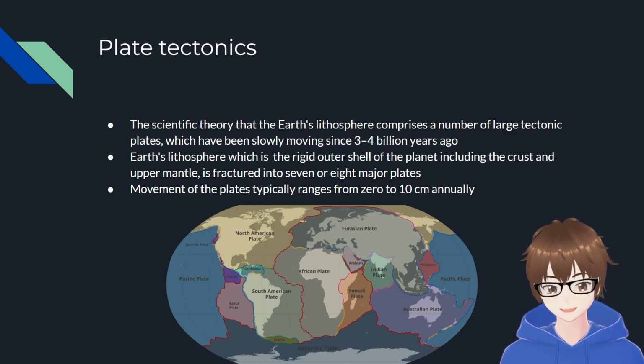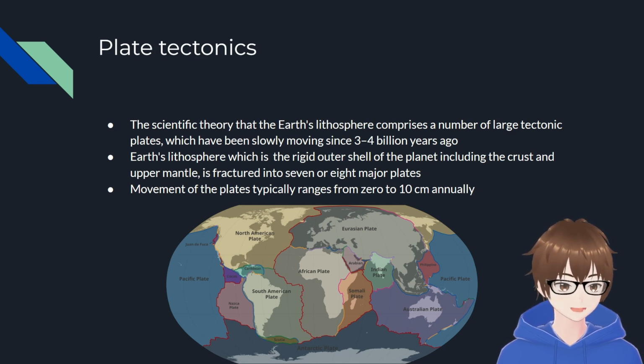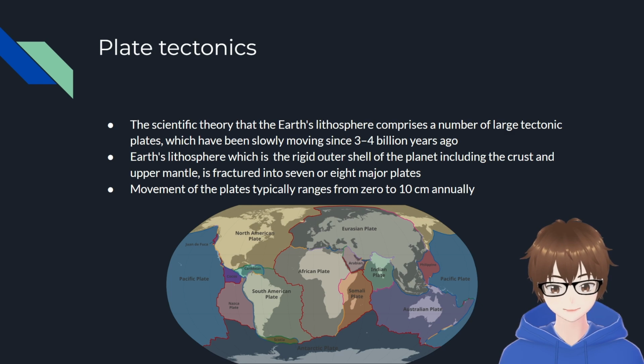So you can see the North American plate, South American plate, Pacific plate, Caribbean, Nazca, Africa, Eurasia, Somalian, Australian, Philippine, Pacific plate. So there's all the plates there. And like they said, they move around 0 to 10 centimeters annually.